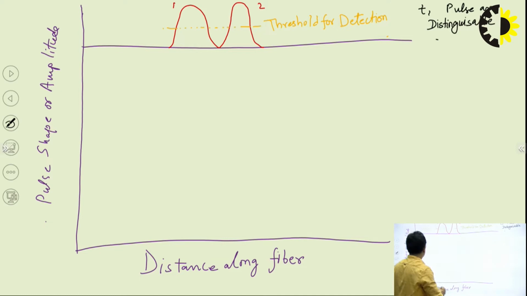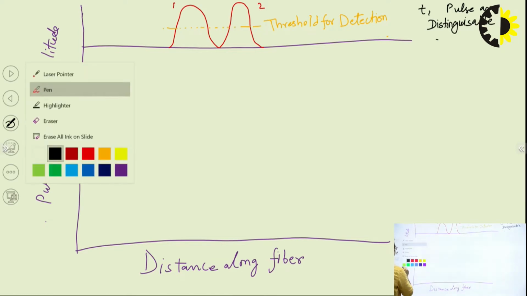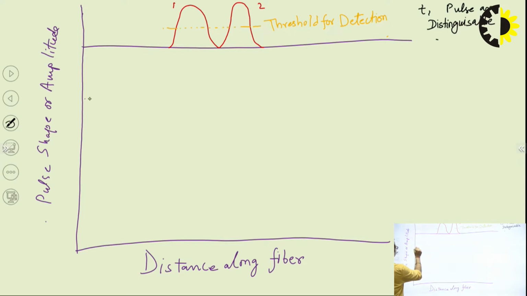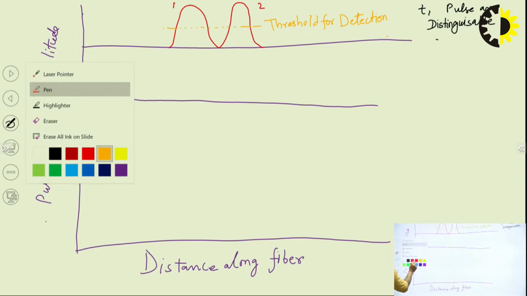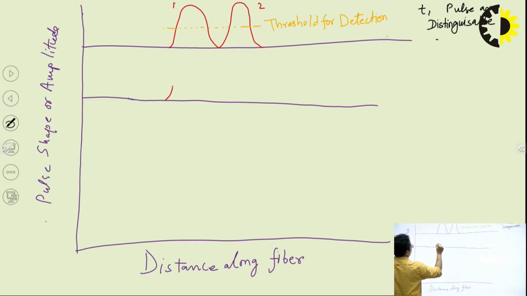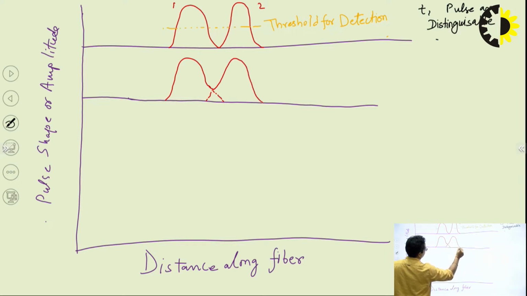Now we consider another time frame in which we again consider the two pulses. Here, slowly, the phenomenon of dispersion is now building in the traveling of your signal.